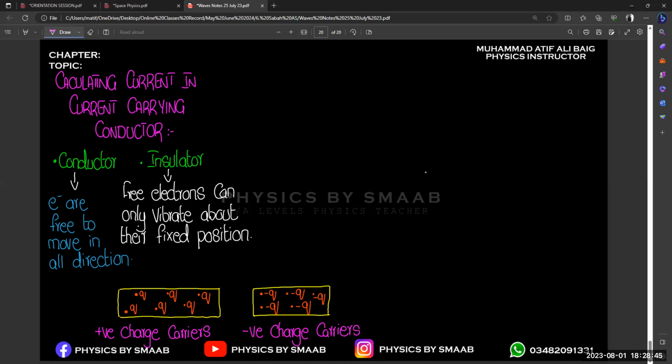Okay, now let's suppose this is the first diagram and this is the second. In the first diagram, if we consider the direction of flow, the direction of flow will be towards the left-hand side, like this. And current is also going to move in this same direction on the left-hand side.